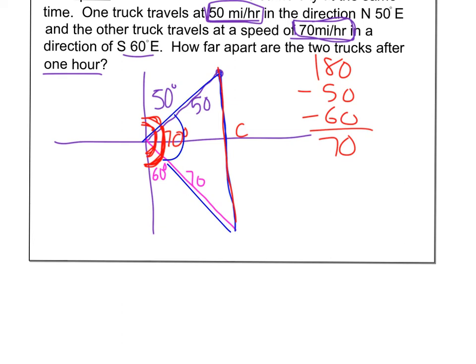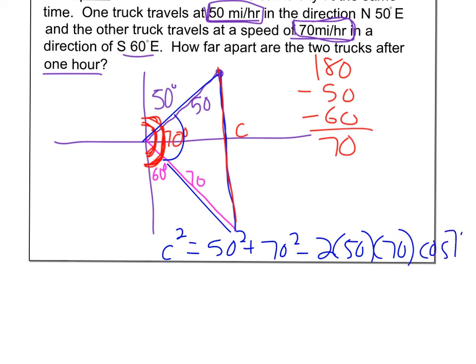What I'm going to say is, C squared is going to be equal to 50 squared plus 70 squared minus double those things times the cosine of 70.